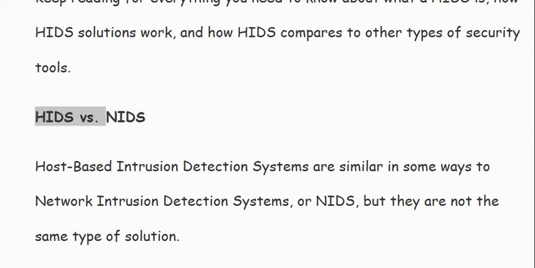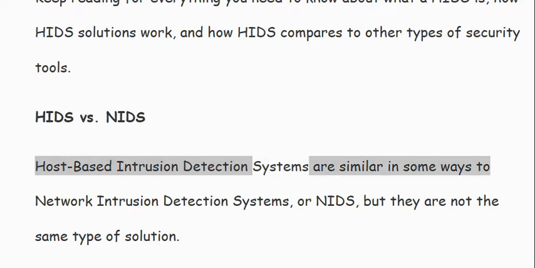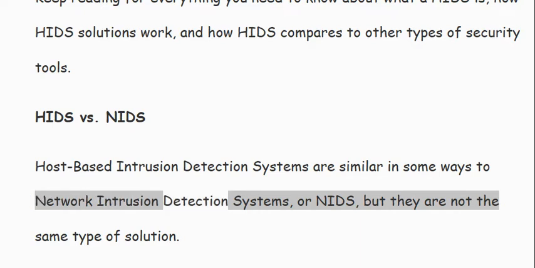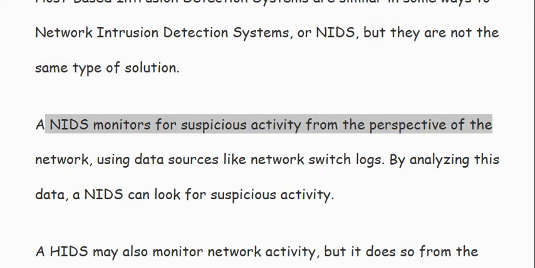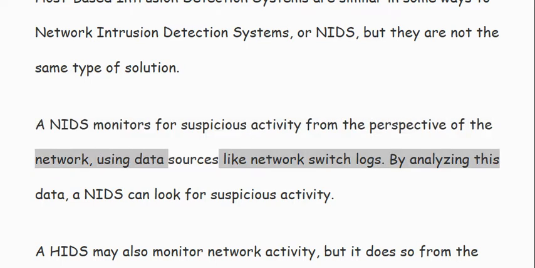HIDS versus NIDS. Host-based intrusion detection systems are similar in some ways to network intrusion detection systems, or NIDS, but they are not the same type of solution. A NIDS monitors for suspicious activity from the perspective of the network, using data sources like network switch logs.